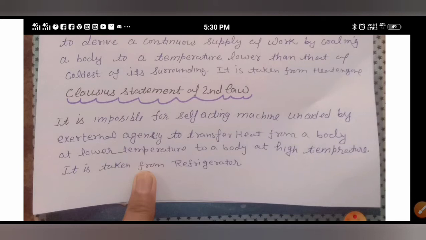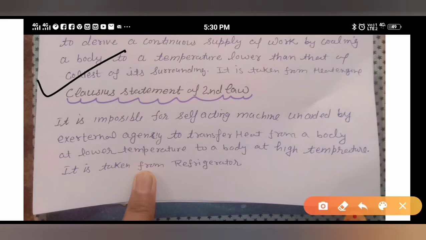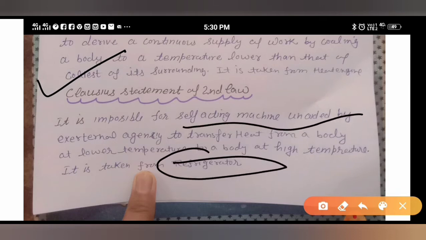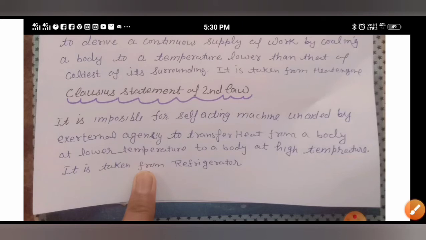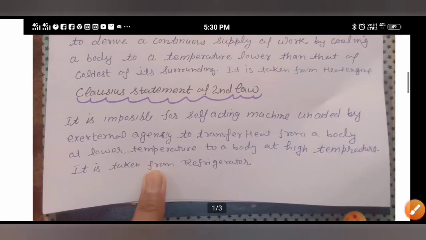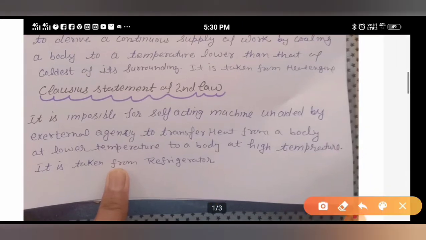Okay students, and now this turn for second statement of second law, that is Clausius statement. And this statement is taken from refrigerator, and it is impossible for a self-acting machine, means it is working by its own only without help of external agency, to transfer heat from cold body to hot body. Dear students, as you know, what is the work of refrigerator?